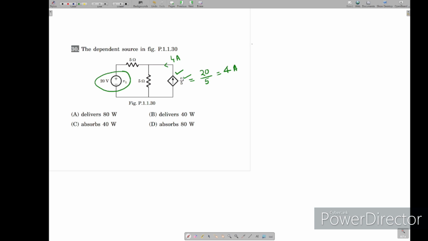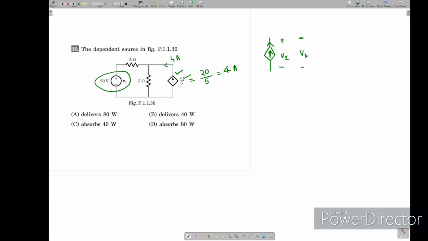It is asking whether the dependent source is absorbing or delivering power. See, if the source is like this, the current is going this way, we see whether the voltage Vx is coming like this.